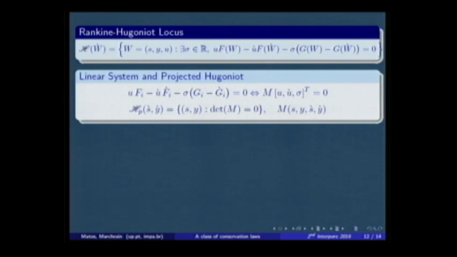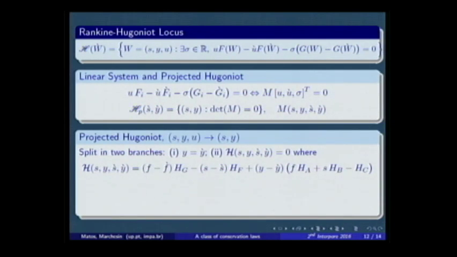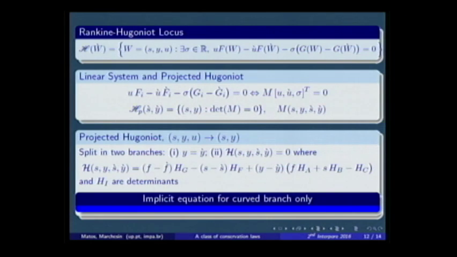Well, I'm close to the end. Let me show you just that we can write the Hugoniot curve as an implicit equation like this, but we can do something better than this because there exists a branch that is really simple. It's a horizontal line, and we can write an implicit equation just for the other branch.